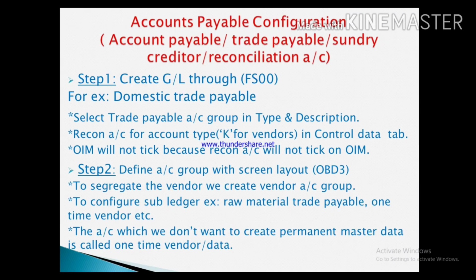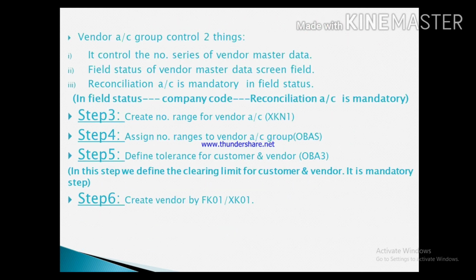Now next step is account groups we have created now. Accounts group is used to segregate the vendor. We create vendor account groups to segregate the vendors. Now vendor account group controls two things.